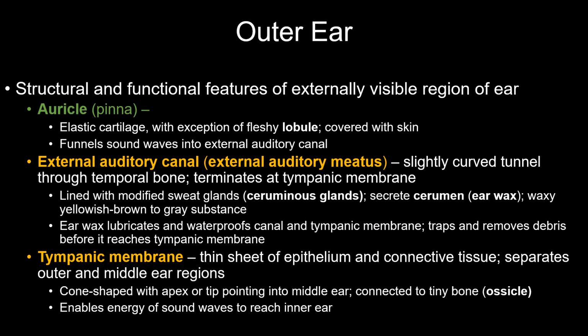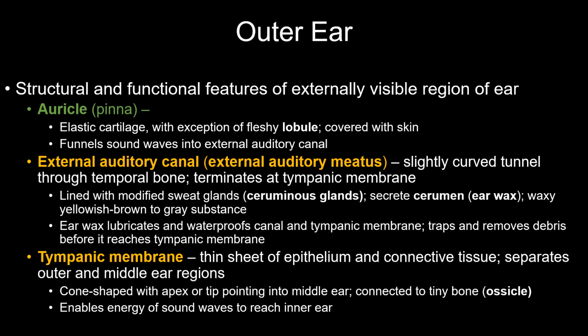We begin on the outside of the ear with the outer ear, this external ear. The most obvious part when you're looking at someone's ears is the auricle or the pinna. This structure is largely made up of elastic cartilage covered with skin, except for this fleshy lobule at the bottom. That lobule is the most common part of the ear for piercings. That is that quote-unquote earlobe.